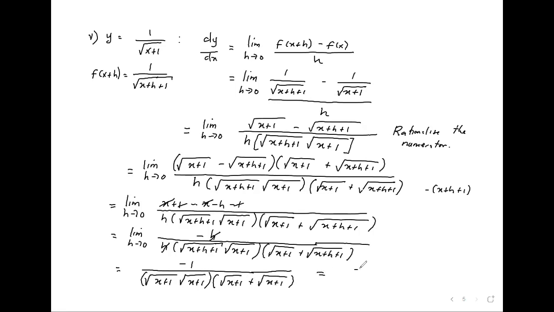This is the same as negative 1 over root of x plus 1 multiplied by root of x plus 1. We just get x plus 1. And then we'll have 2 of the root of x plus 1. You can write it like this as our solution. So unless there's a serious question.